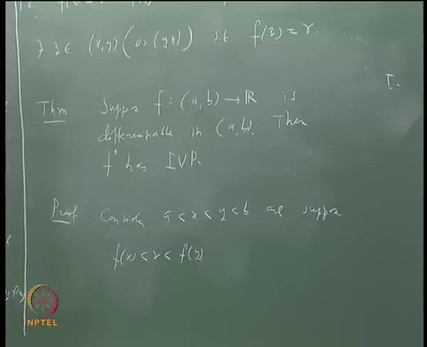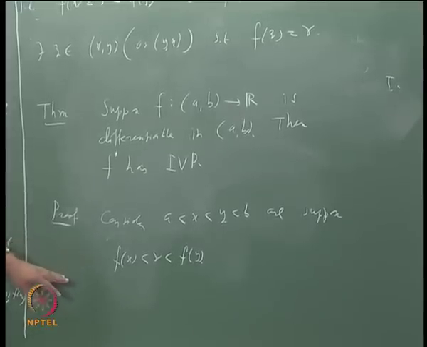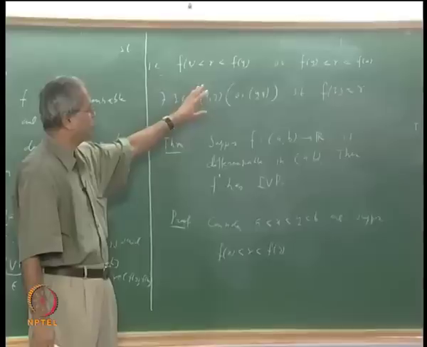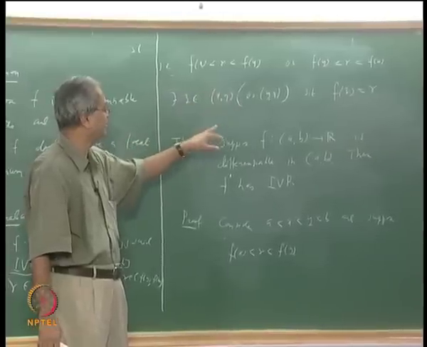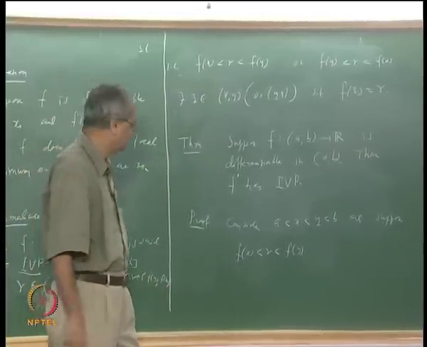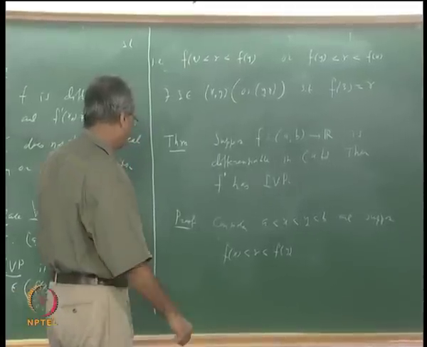Okay. If we show in this particular case, the proofs for all the other cases will be similar, okay, right. X is less than y, fx is less than fy, then similarly one can prove when fy is less than fx or y is less than x and things like that. Okay, all right.